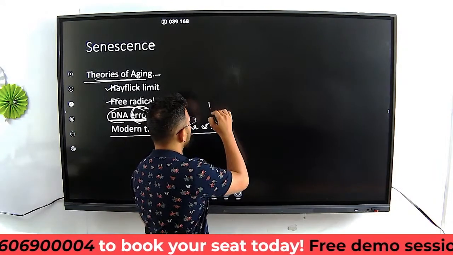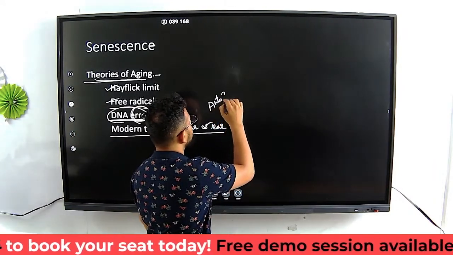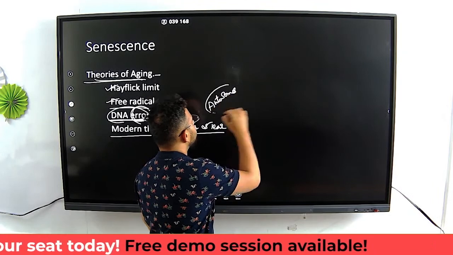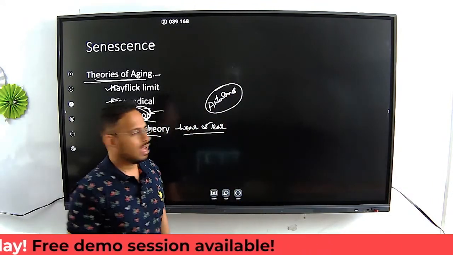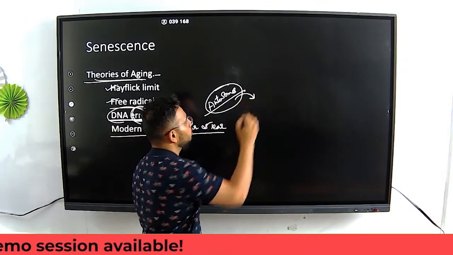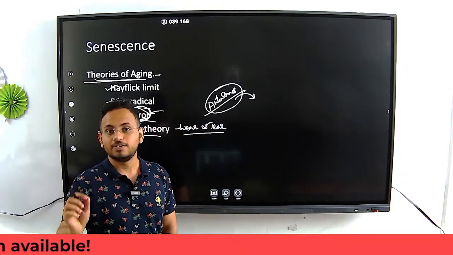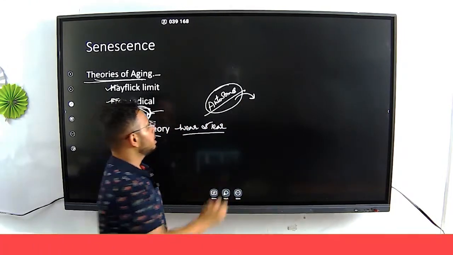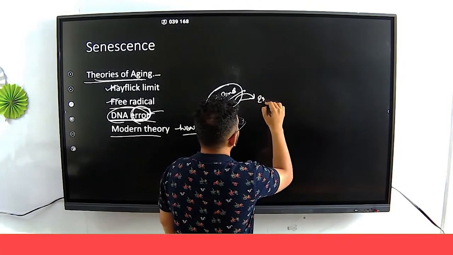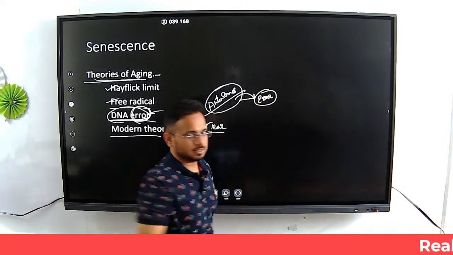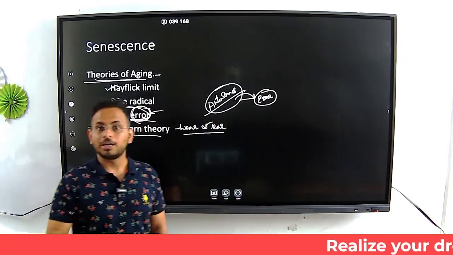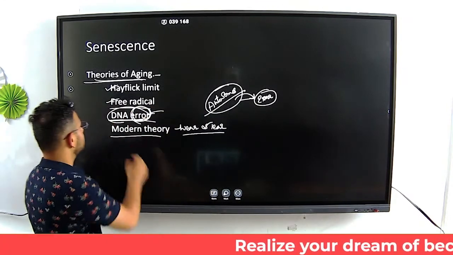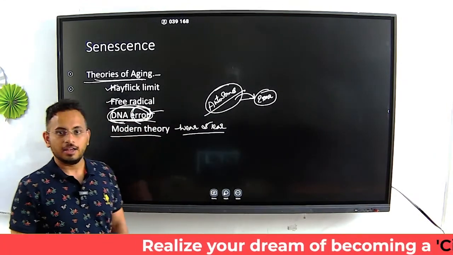You have allosomes and autosomes, and the cell keeps on dividing every day, and autosomes play a crucial role in the cell division. So if there is any error which gets unnoticed, which cannot be repaired, such is called DNA error.